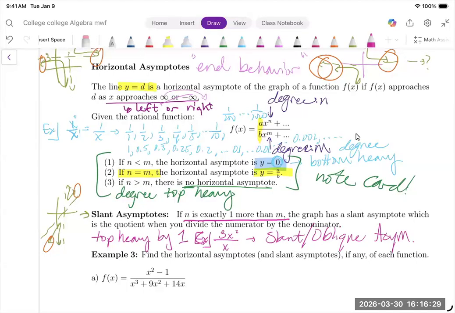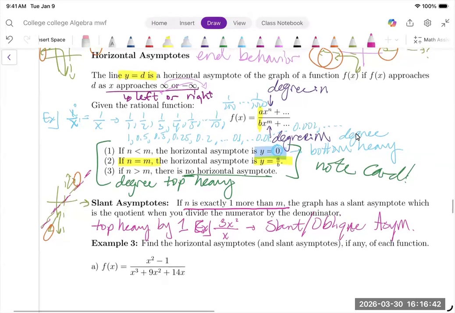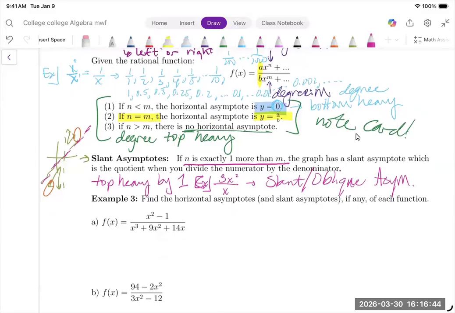Think of slant, oblique, your side core muscles, your side abs, those are your obliques. So it's a side or slanted asymptote. We don't talk about them a whole lot in this class, but they are always of the form y equals mx plus b because they're linear lines, an invisible linear line of this order.